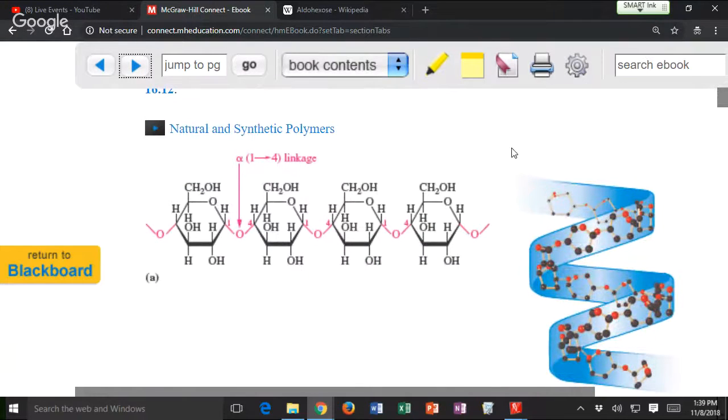And the different linkages end up having huge consequences for how we interact with them. So this one, for instance, is amylose. It's a bunch of glucose molecules hooked together 1 to 4, and it makes a pretty straight chain that ends up kind of curling on itself and hydrogen bonding. And this is one of the major starches in cornstarch or potato starch or rice.